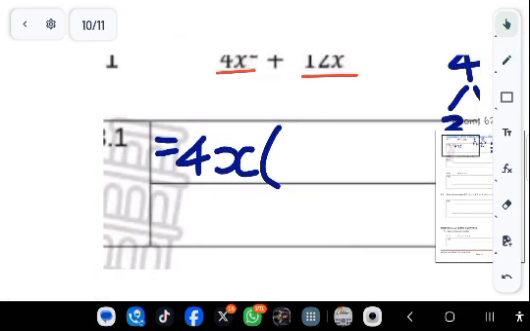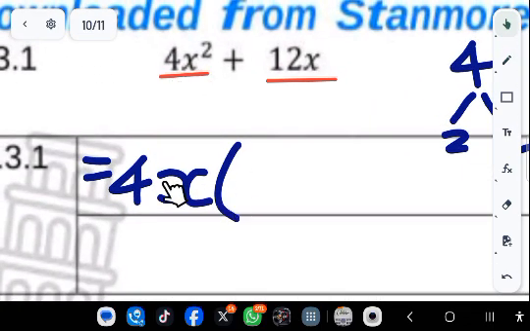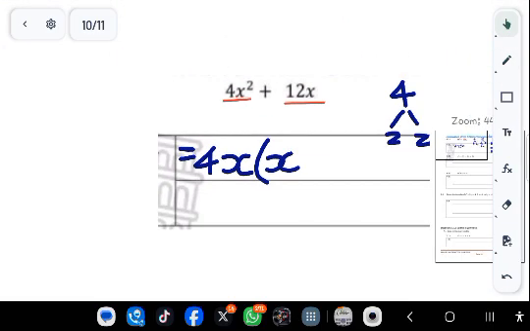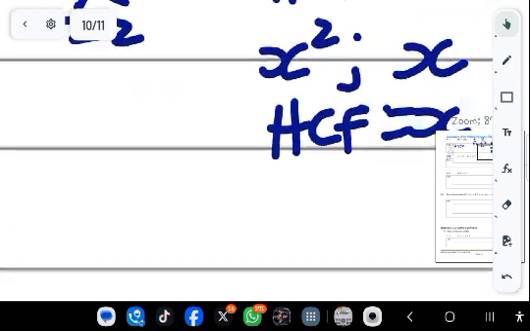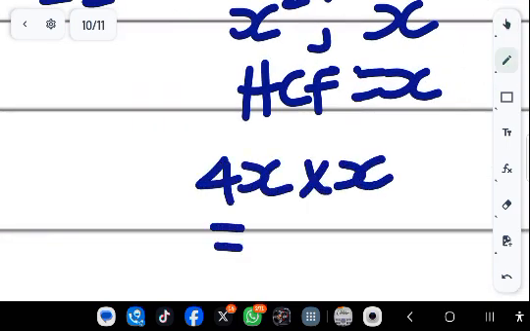Now, what you write inside the bracket is what you need to multiply by 4x to get 4x squared, and then plus 12x. In order to get back to 4x squared, all we need to do is multiply 4x by x, because that's what will get us 4x squared. 4x by x is simply 4, and x times x is x squared.